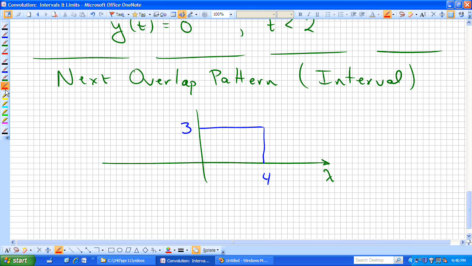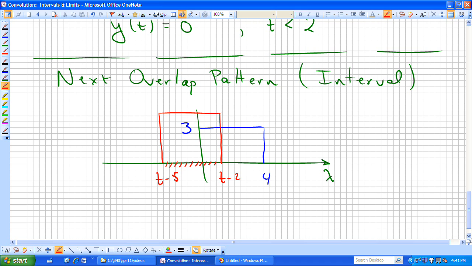What we're sliding through is this x of t minus lambda waveform, and it has limits of t minus 5 and t minus 2. What we want to do now is find when this overlap pattern exists, and then actually compute the integral associated with this particular pattern.